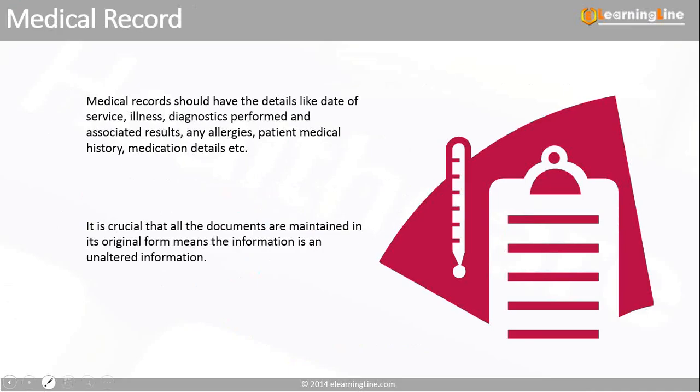If you recall, your physician does ask, are you taking any medication? And that gets noted in your medical details. So the medical record should have details like date of service, illness, diagnostics performed and associated results, any allergies, patient medical history, medication details, etc. These are very crucial information.